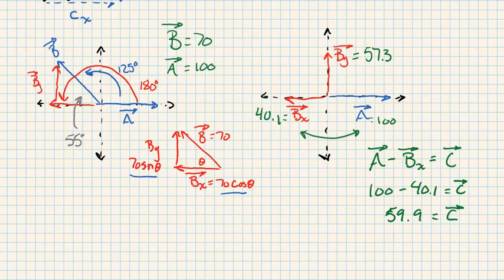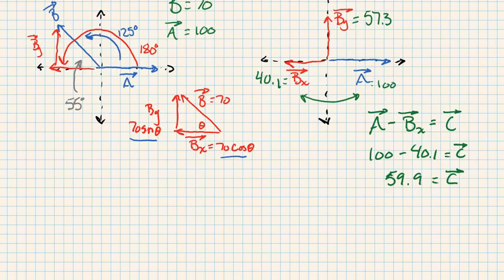It's often helpful to rewrite your diagram after you've combined any two vectors. So we've got the up direction. We still have our x direction. We didn't do anything to By. By is still there. So let's put By back on our diagram.